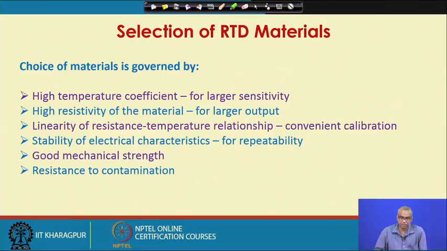Stability of electrical characteristics for repeatability, good mechanical strength and resistance to contamination. So, when we select RTD materials, we will choose materials with high temperature coefficient, high resistivity, which show linear relationship between resistance and temperature, which have stable electrical characteristics, good mechanical strength and are resistant to contamination.